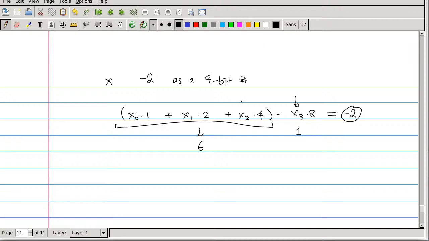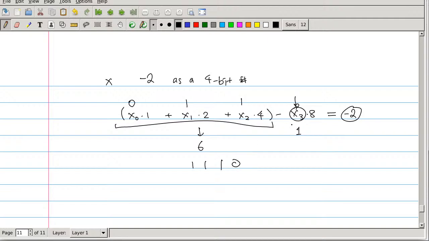So we know this is a 1, this is a 1, and this is a 0. So the bit pattern to represent -2 is 1, which is x3, 1, which is x2, 1, which is x1, and a 0.